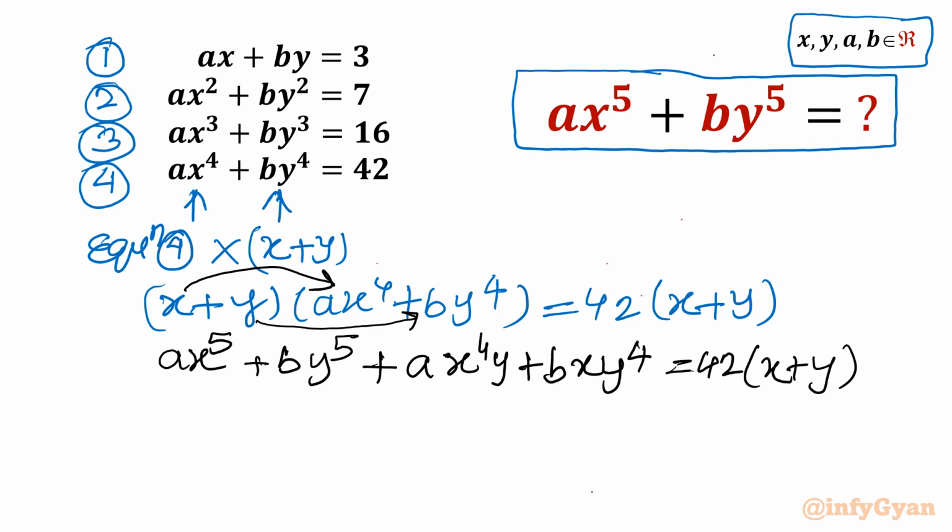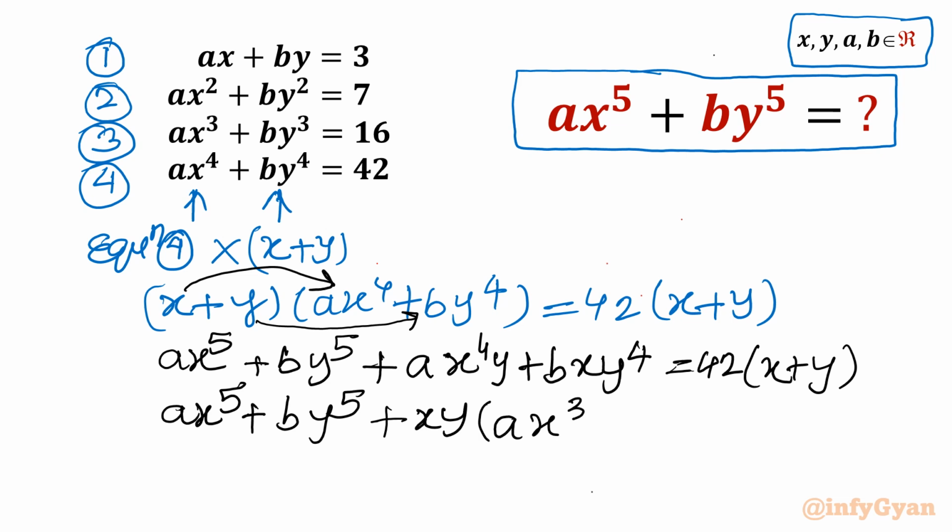Now you can see from the second two terms, if I take xy common, let me write here ax^5 + by^5 as it is. Now xy is common, so I can write in the bracket ax^3 + by^3. And the right hand side is 42 times x plus y.